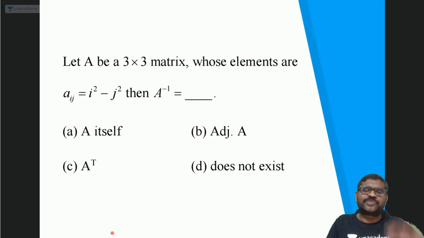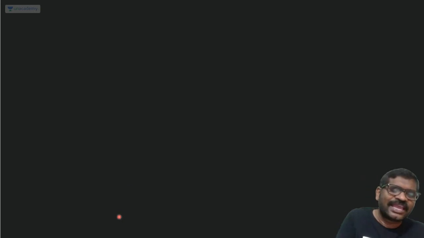Observe next problem. Let A be a 3 cross 3 matrix whose elements are Aij equal to i square minus j square. Then what is A inverse? Very simple problem. Aij equal to i square minus j square.